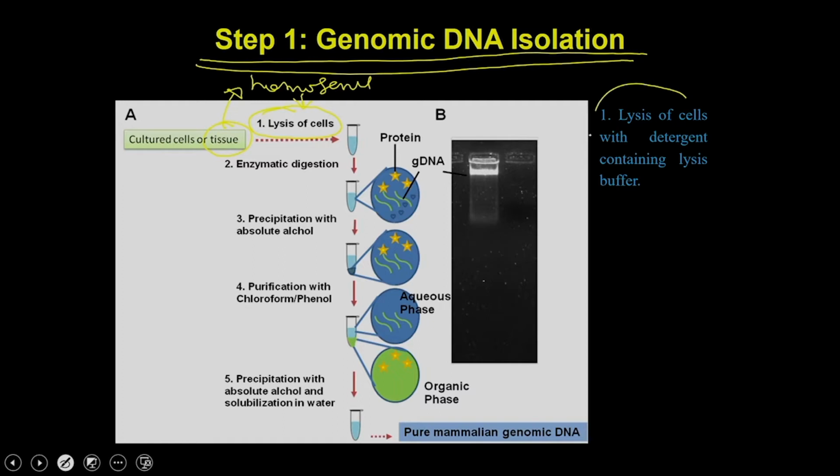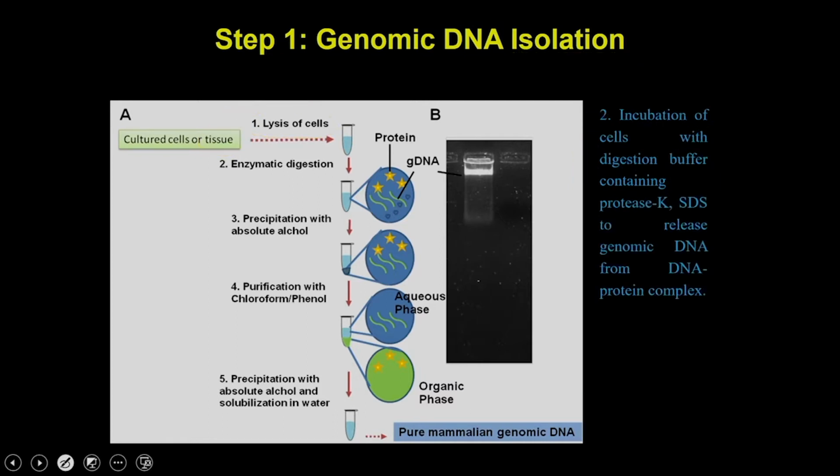So, in step 1 you do the lysis of the cell with the help of the lysis buffer, which normally contains different types of detergents, and these detergents disrupt the cell membrane, and as a result the cellular content comes out.